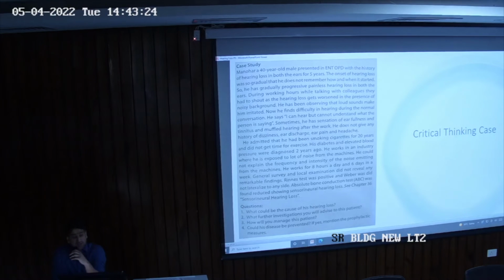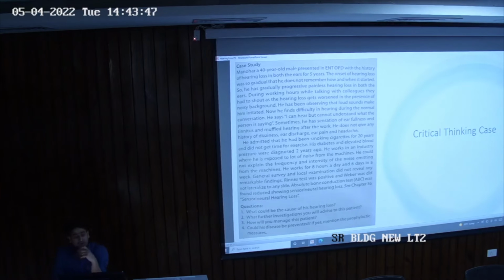He has gradually progressive painless hearing loss in both the ears. It is summed up in one line: gradually progressive, painless, not acute, hearing loss in both ears, so bilateral. So bilateral, gradually progressive, painless hearing loss.